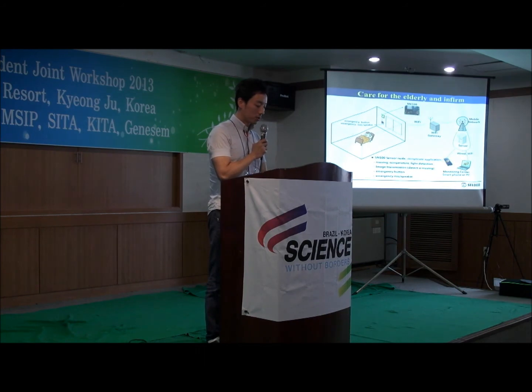And this one shows a more complicated application of the sensor system. The person in need can be a senior citizen, a patient, a child, a disabled person, and so on. He may need some help from a helper or relatives, since he is so weak or so sick that he can hardly move by himself.